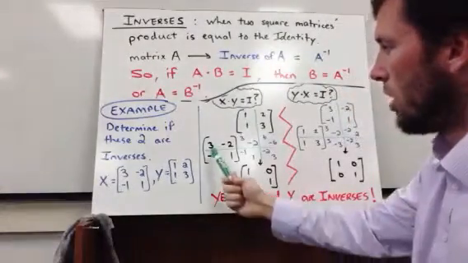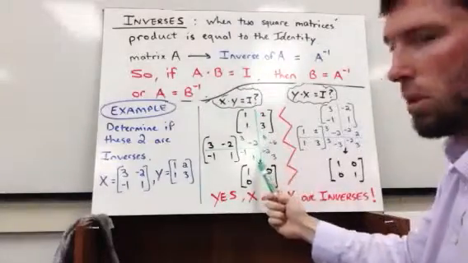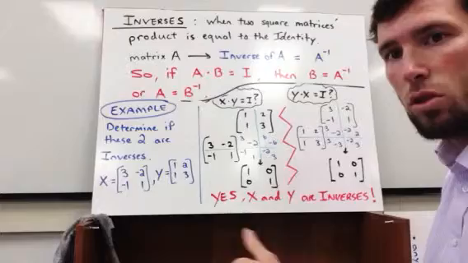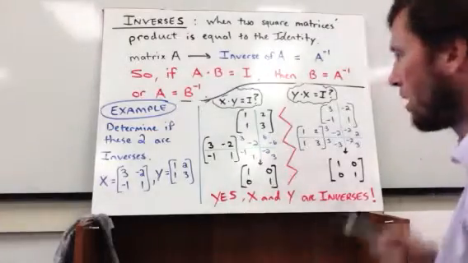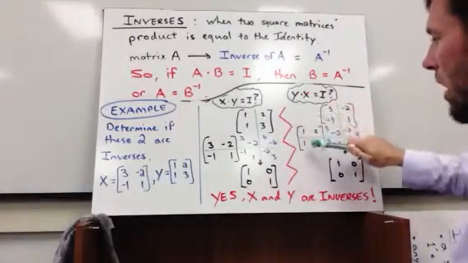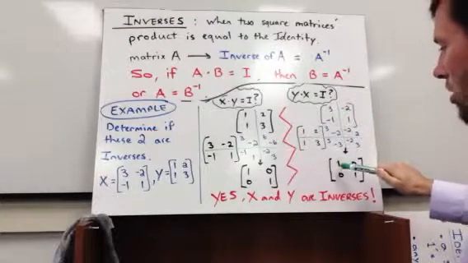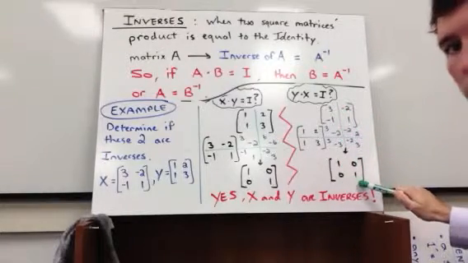Here we go. When I multiply these out, you can see the results. I get 1, 0, 0, 1. Good. So I move on to the next part. Over here, I check Y first times X. So when I do that, I also get 1, 0, 0, 1.